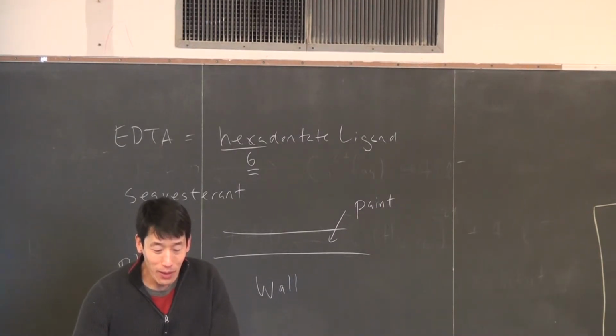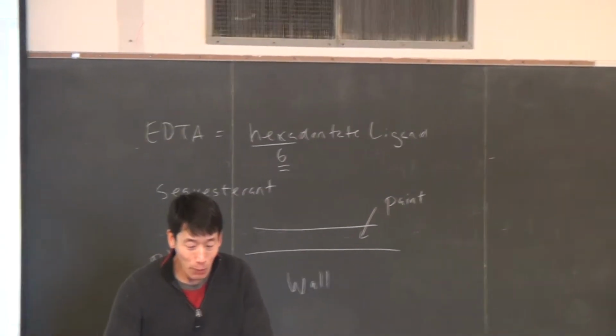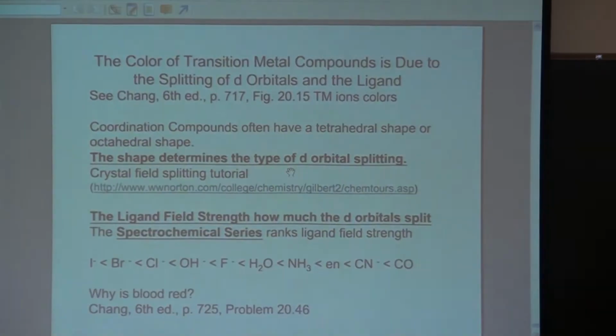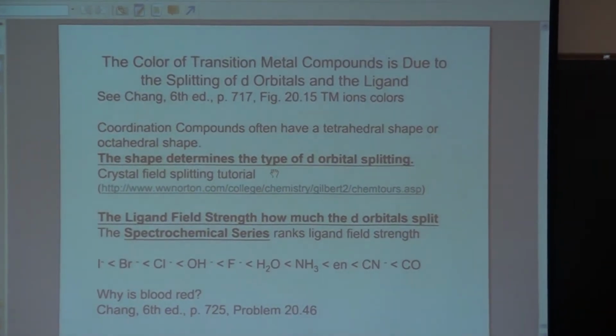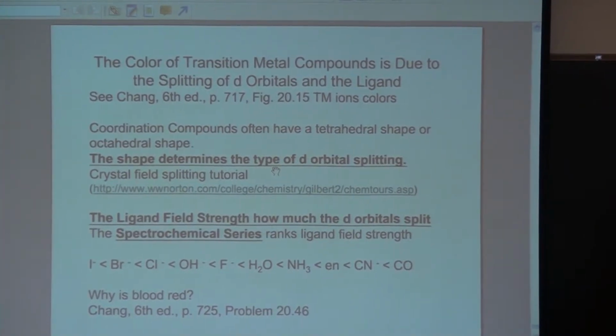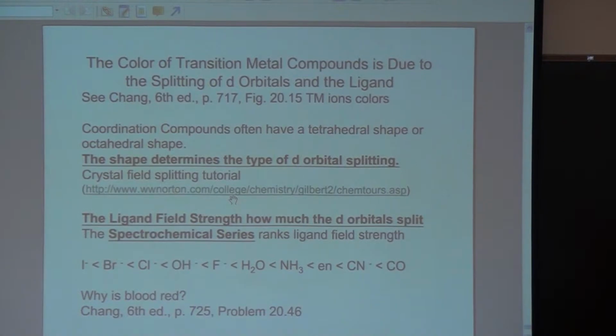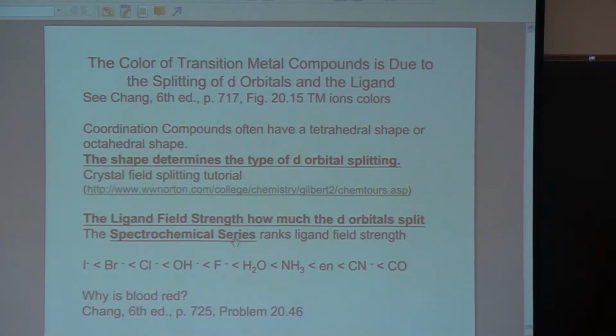Okay, so this is more information on coordination compounds. Now, the d orbitals are involved, and the shape of the compound depends on the type of d orbital splitting, as well as the color. This link here shows a tutorial on what's called crystal field splitting.